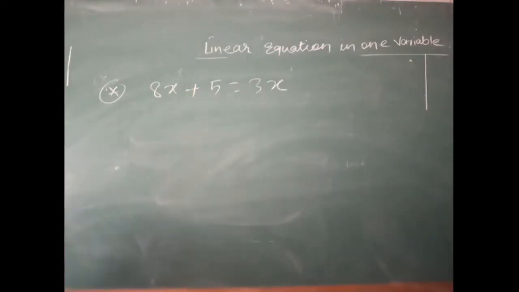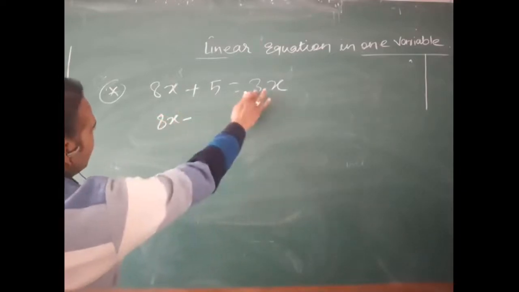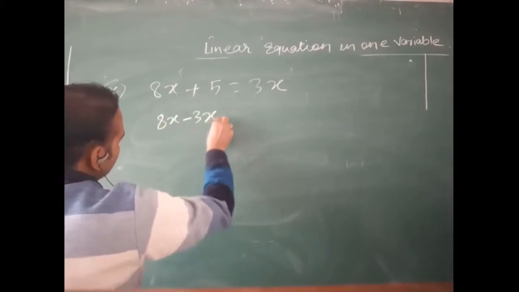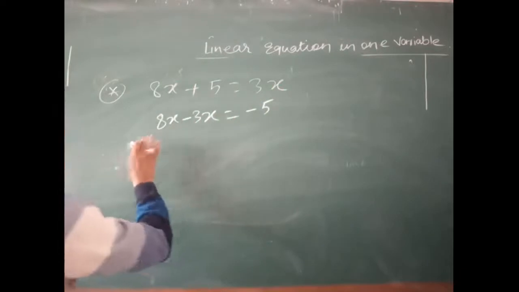Now how to solve it? At first you will have to keep variable on one side and constant on the other side. That means like terms on the same side. Plus 3x comes to minus 3x, plus 5 goes to minus 5.